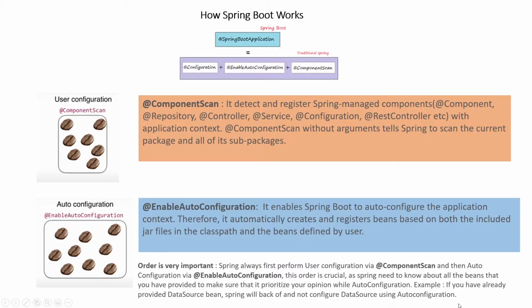As you know, Spring is an opinionated framework. So if you have provided an opinion, that is, if you have created a data source as a bean, Spring will not create the data source. It will check, okay, the user has created that particular bean, then I am not going to do that. For example, over here, the data source bean.